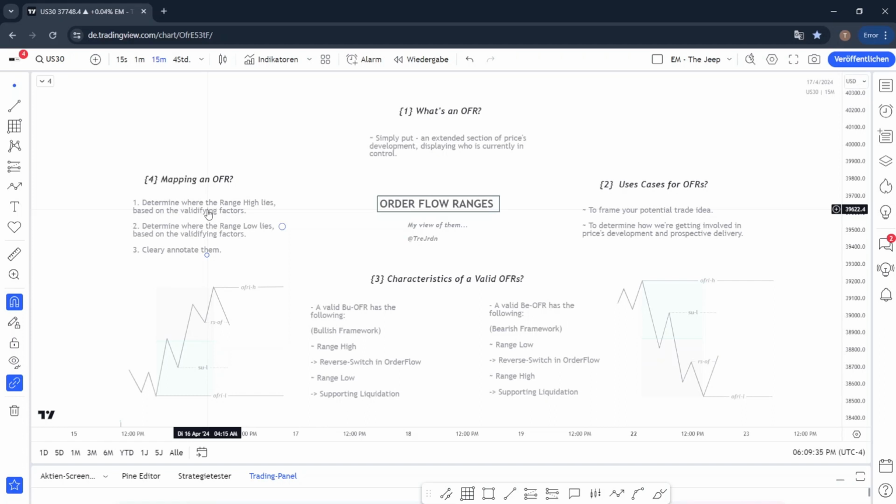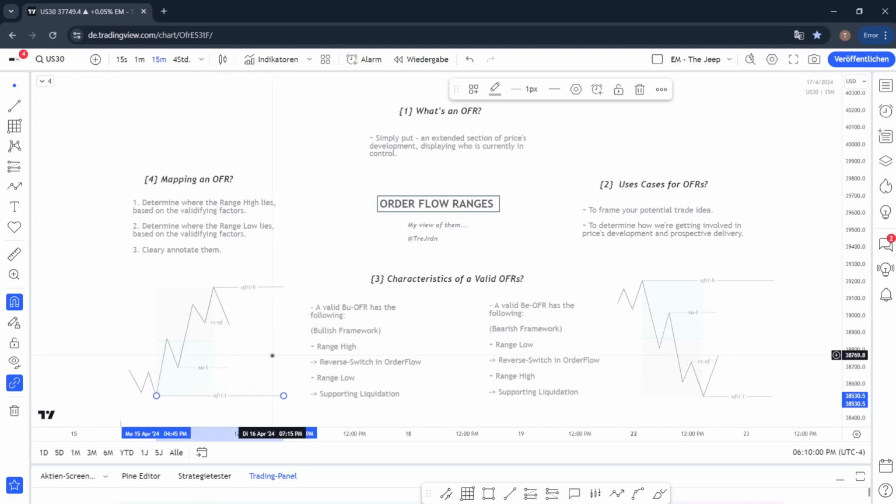And the third step, to clearly annotate them. So I know for certain this is actually valid because of what's happening inside. And to be honest, I can just end the video here. That's a calm explanation of order flow ranges and how I view them, the simplistic nature of how I approach these markets.